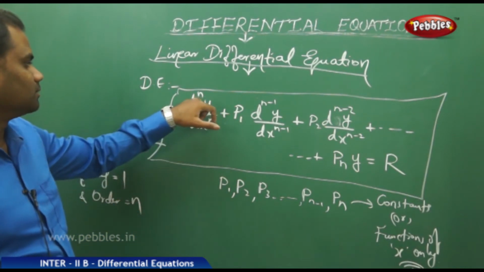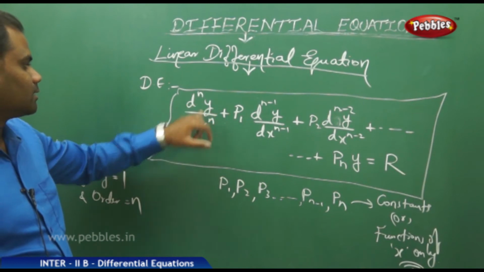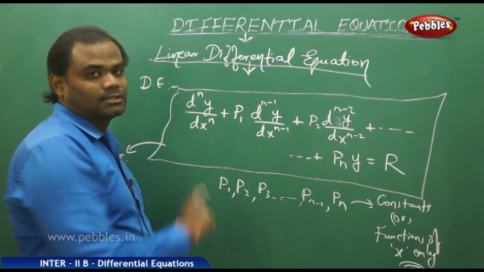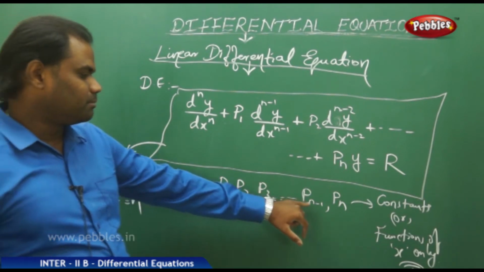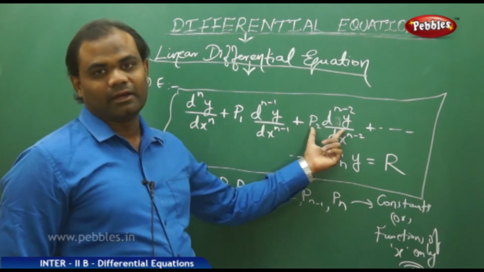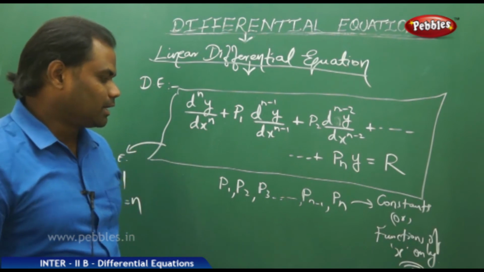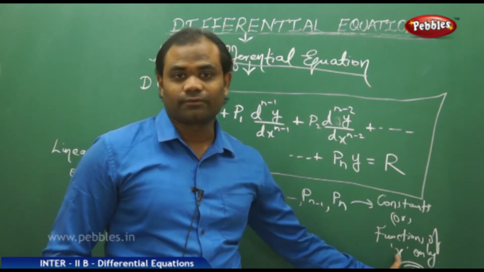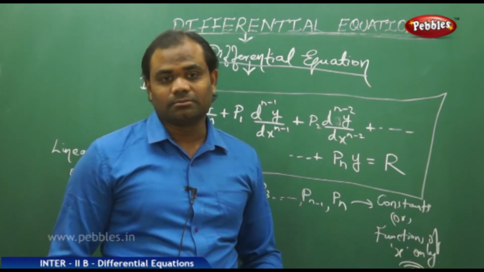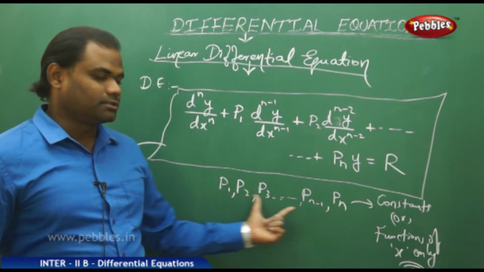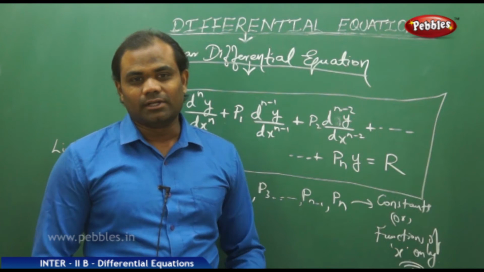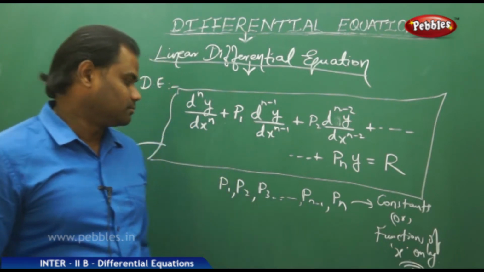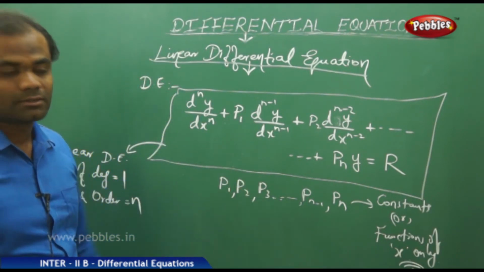As can be seen here, the order is n and the power of order is degree 1. And each of p1, p2, p3, pn, the coefficients of the derivatives in each term, are either constants or functions of x only. No y term is involved in the functions p1, p2 till pn, is how we define the linear differential equation in this case.